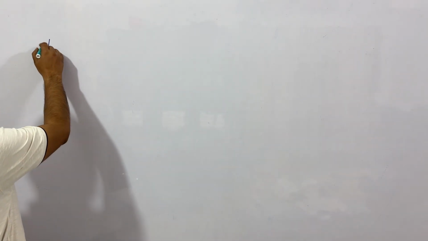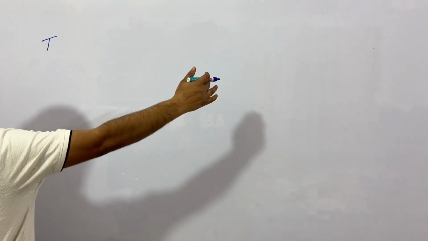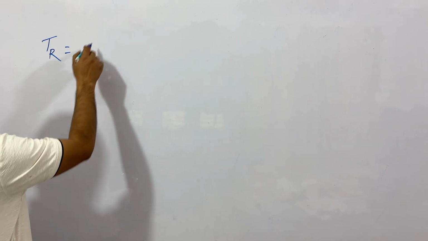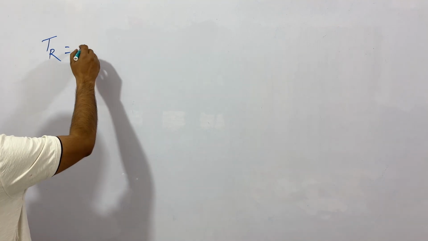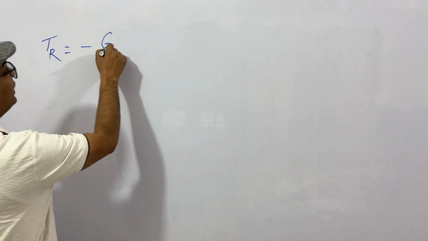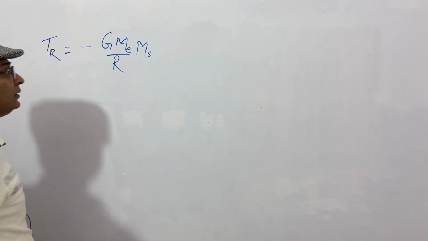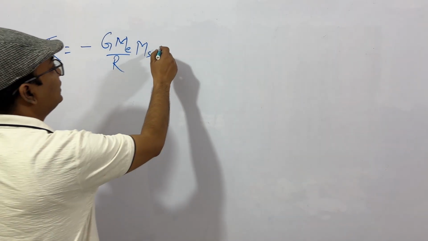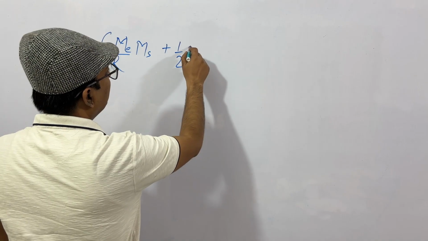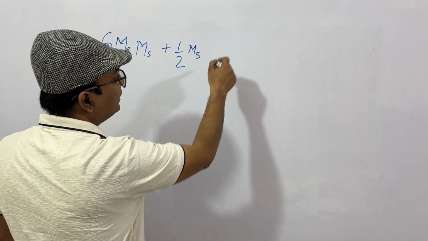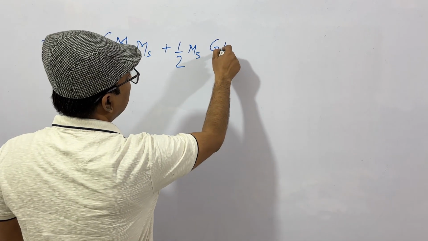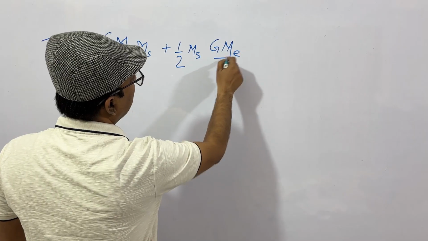What is the total energy when it is at r distance? It will be potential energy plus kinetic energy. What is the potential energy? It is given as minus GM by r into m, that is, ms. And what is the kinetic energy? It is half ms into GM by r, the square of the velocity. So this is GMe by r.